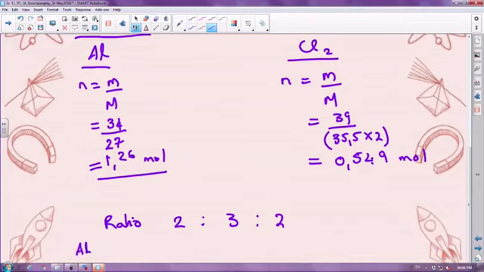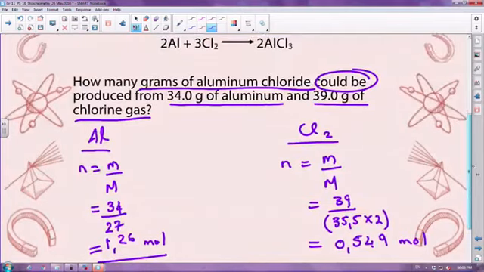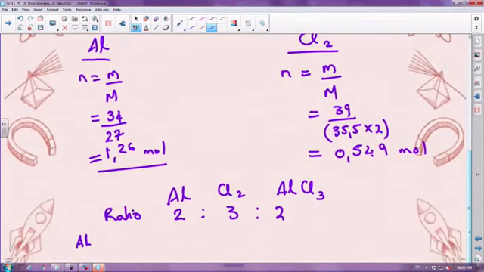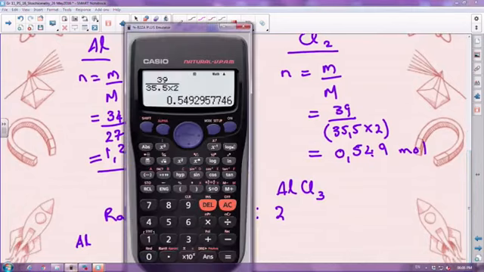Okay. So my first one, I'm going to go according to aluminium, right? I've got 1.26. Let's just see where the aluminium is. So this was aluminium, this is chlorine, and this is aluminium chloride. Okay, 1.26 moles. I need to convert that.